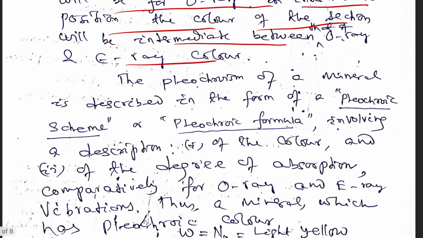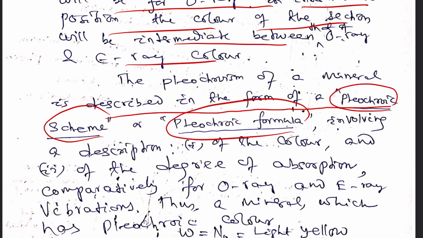So pleochroism of a mineral is described in terms of a formula or a scheme. It is called the pleochroic scheme or pleochroic formula, which involves the description of the color of the mineral along the vibration direction and the degree of absorption. That means which ray is more absorbed than the other.